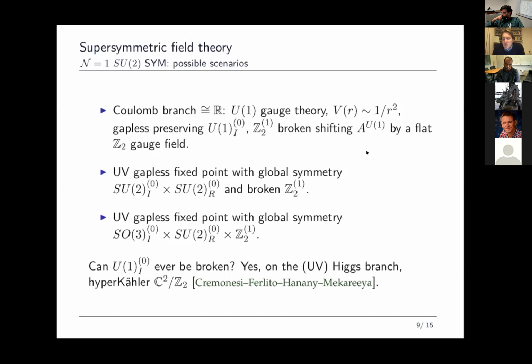Otherwise, it's a TQFT that is coupled in the UV because it saturates the anomaly, but then in the IR it somehow decouples. That's everything I can say. Thank you. Thank you for your question.